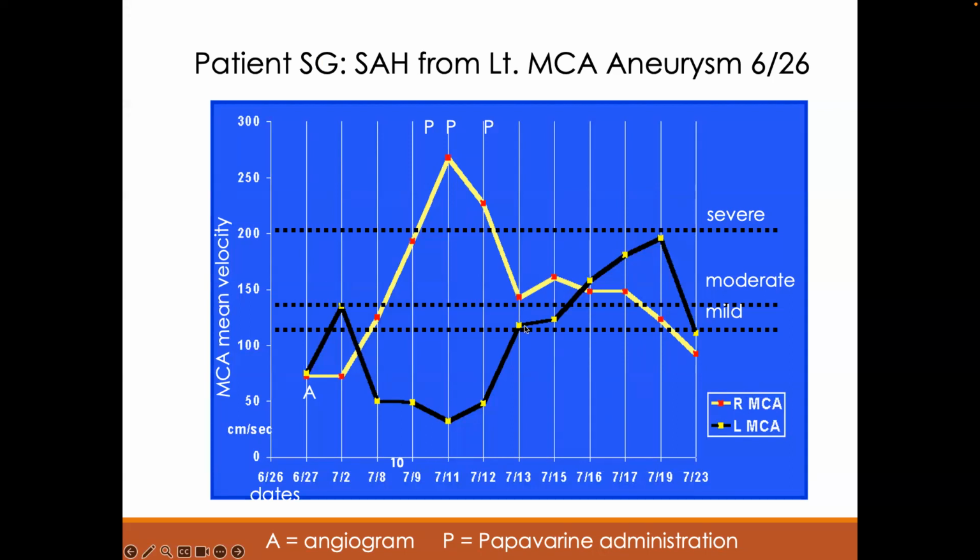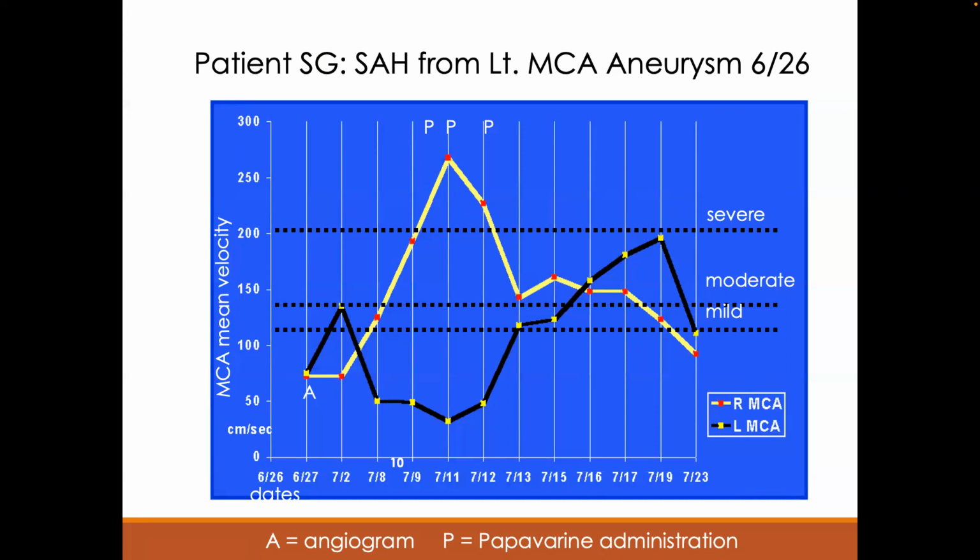And there was also a spike in the left MCA velocity on 7/19 to the severe range, but then it just came back down. And since she wasn't experiencing any neurologic symptoms, they kind of just left it alone, and it resolved on its own.